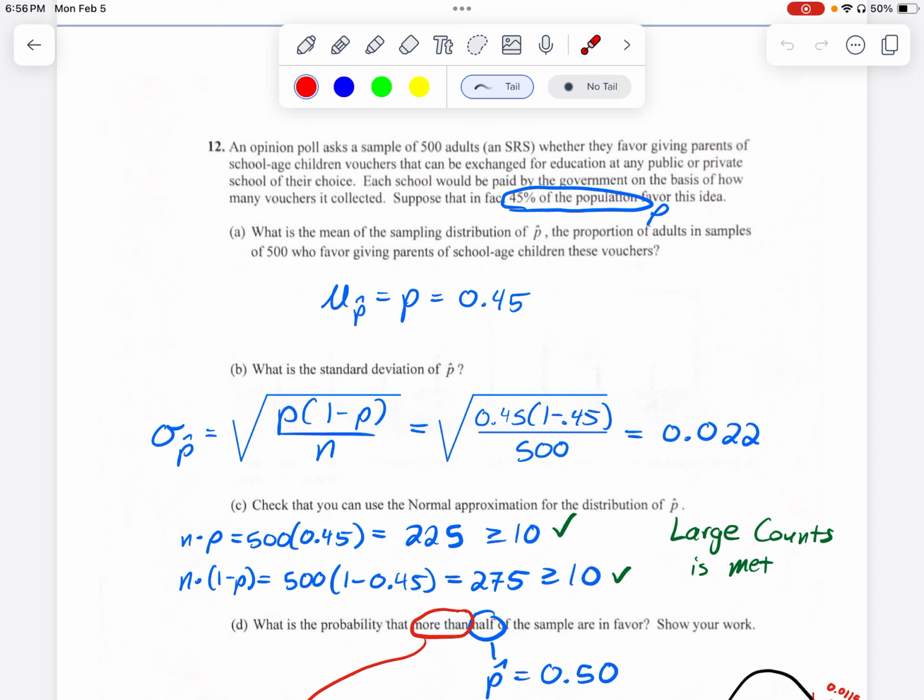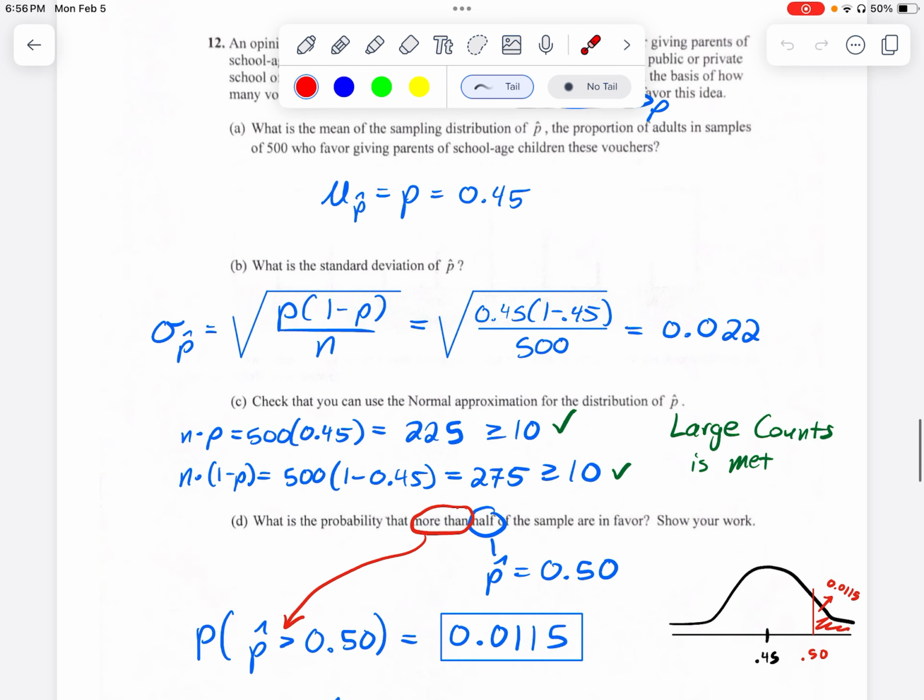What is the mean of the sampling distribution of p hat? If you took a whole bunch of samples and got a whole bunch of p hats, it would match, on average, the parameter of 45%. It means that your sampling distribution is centered at 45%.